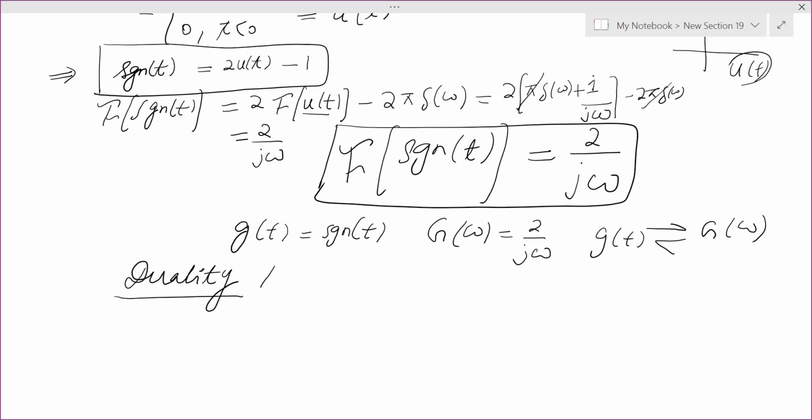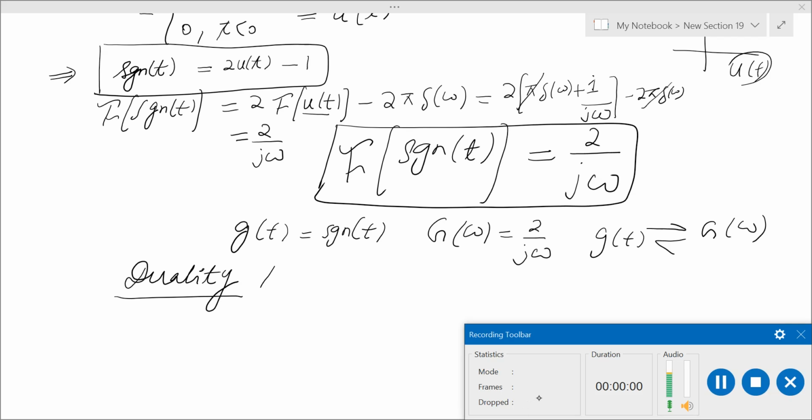There are several dualities. There's a time frequency duality. This particular duality property talks about what happens if you replace frequency by time and time by frequency, then what will be the Fourier transform of that function?